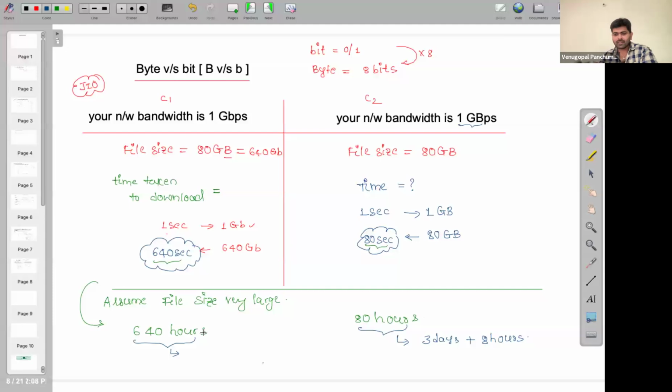Let me divide this. 640 divided by 24 is 26, 26 days plus extra how many hours are left out? 24 into 26 minus 640, so 16 hours are left. So 26 days plus 16 hours.